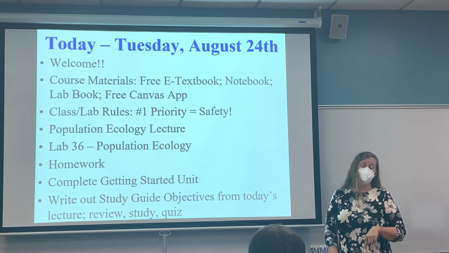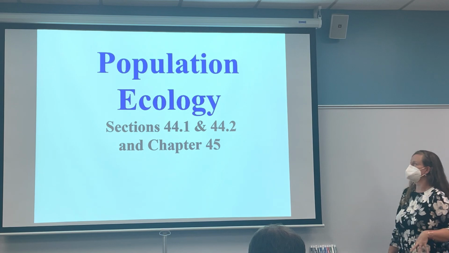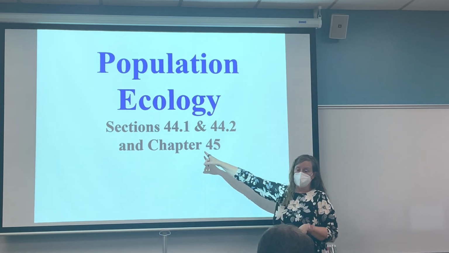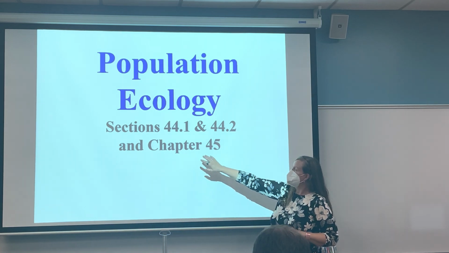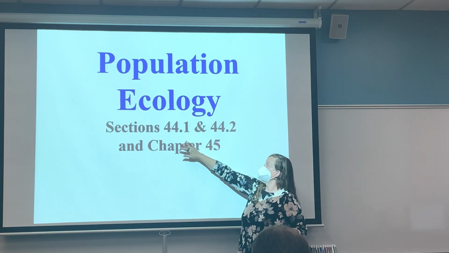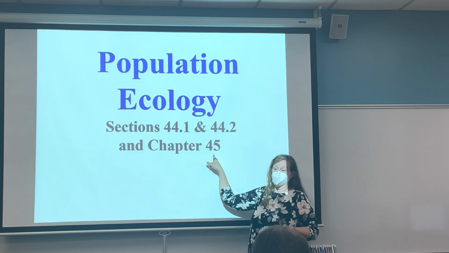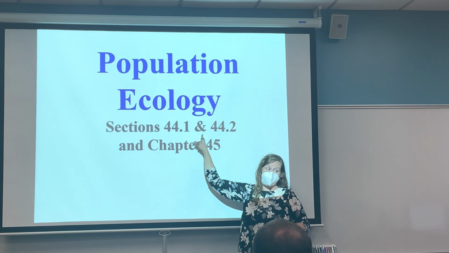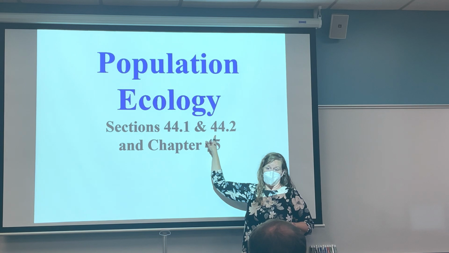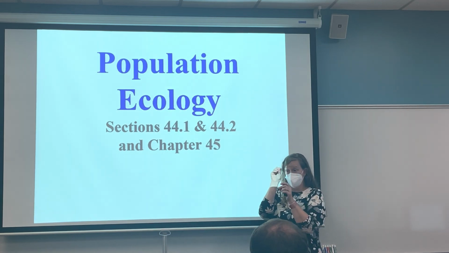All right, so let's talk about population ecology. Let's get to it. Population ecology in your free textbook, or if you get the hard copy, will cover sections 44.1, 44.2, and chapter 45. So we do not go through all of chapter 44 in the book. I do this to help you hone in.